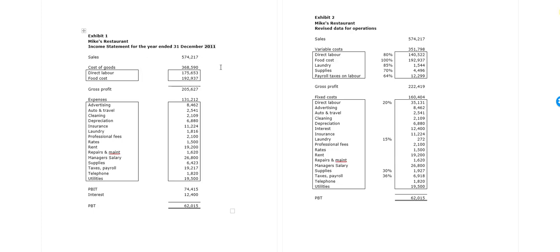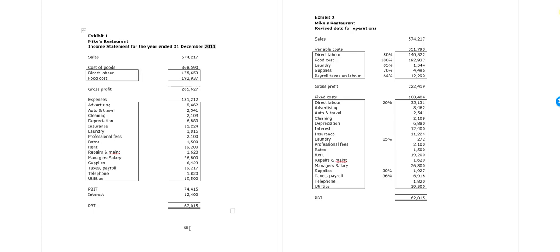There's a sales number at the top, and the accountant has referred to direct labor and food costs in the cost of sales, calculated a gross profit, and then listed a whole lot of different expenses, some of which are fixed and some of which are variable. There's the total expense, subtract that from the gross profit, and you've got a profit before interest and tax. Take out some interest and you've got a profit before tax. And you'll see there's no tax that we are considering in this example.